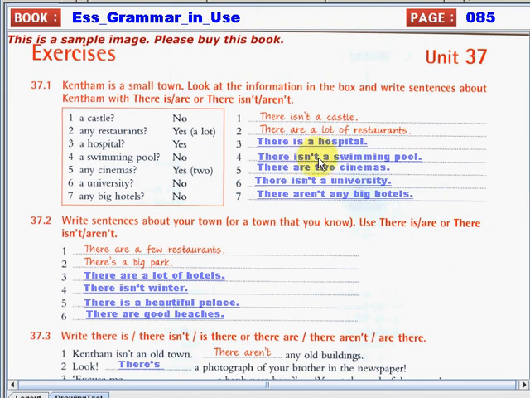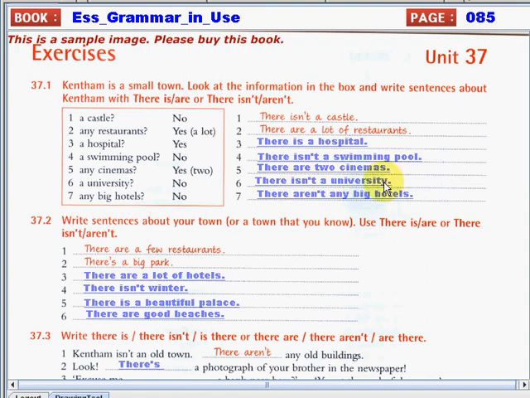The answer is no, so that is negative. Let's go on to number 5. Any cinemas? Yes, 2. So the sentence is there are 2 cinemas. Let's go on to number 6. A university? No. So the sentence should be there isn't a university.